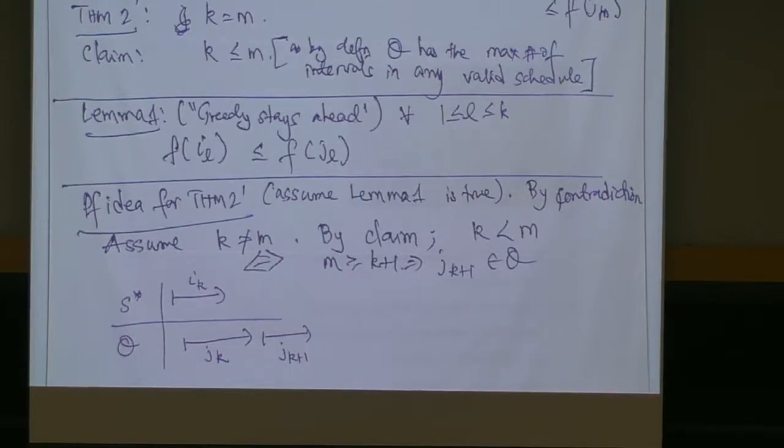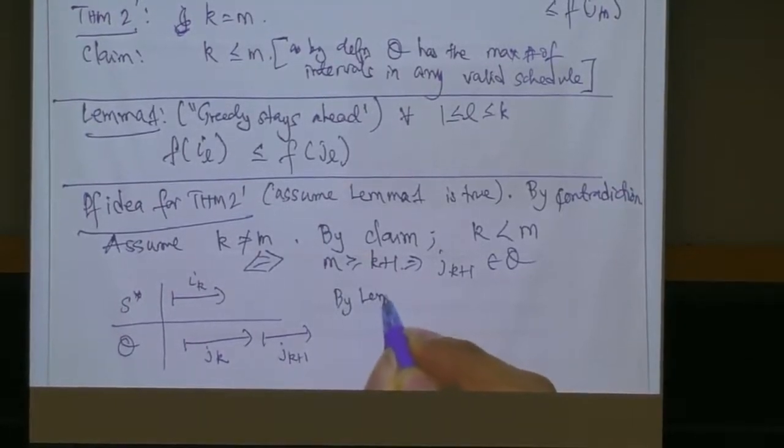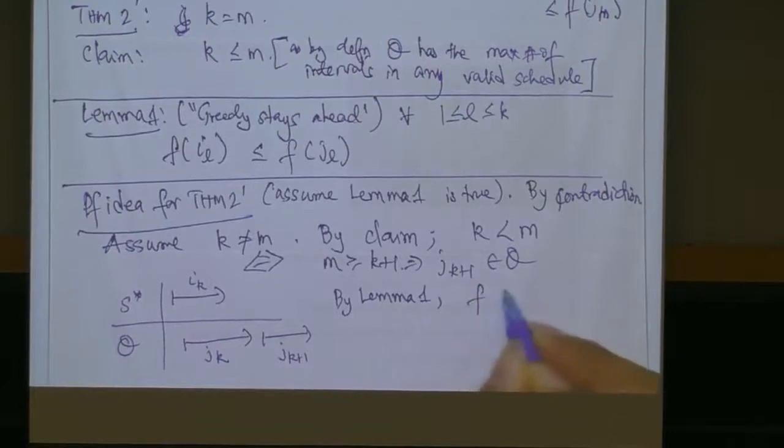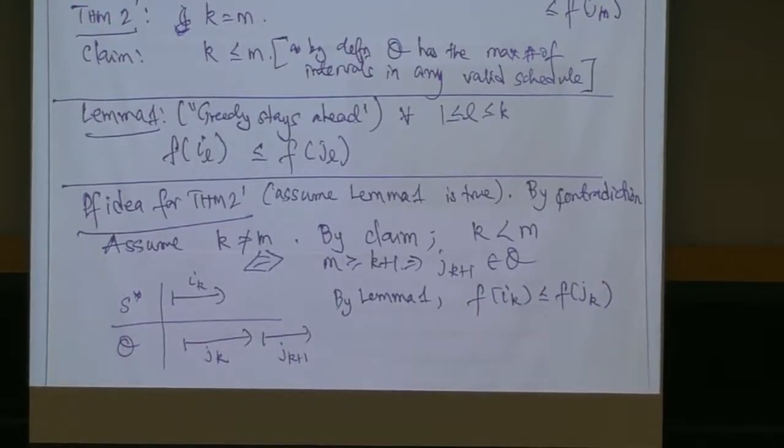So this we know by lemma 1 and by assuming that k is not equal to m. Okay. I said, so by lemma 1, finish time of the kth guy is before the finish time of the jth guy.